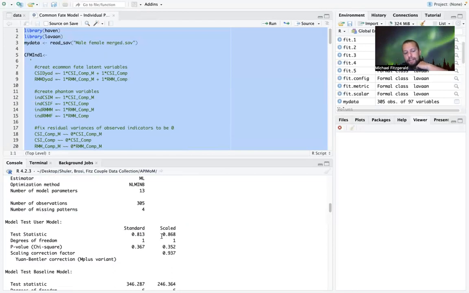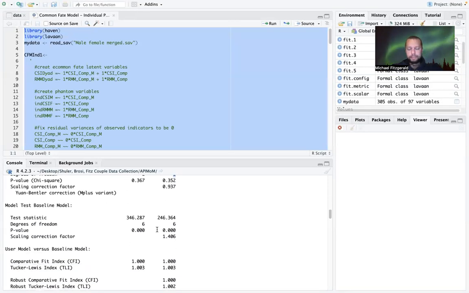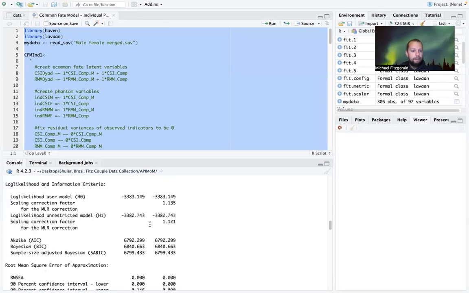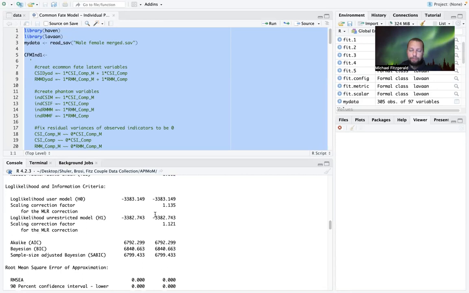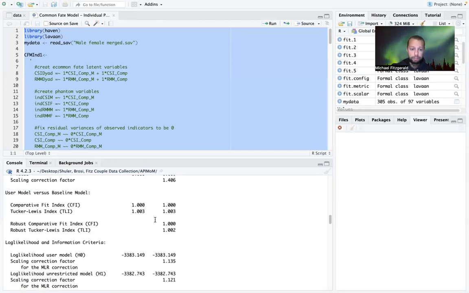So you will see that we have a single degree of freedom. If you've been following me, you will hear me drone on about how the RMSEA tends to be quite biased in low degree of freedom samples. So that's one of the fit statistics that I will largely ignore. Either you're going to get exceptional fit, where your CFIs, TLIs, and SRMRs are at the highest or lowest value, depending on the statistic. Your CFI and TLI will almost always be close to one, and your RMSEA and SRMR will be closer to zero.